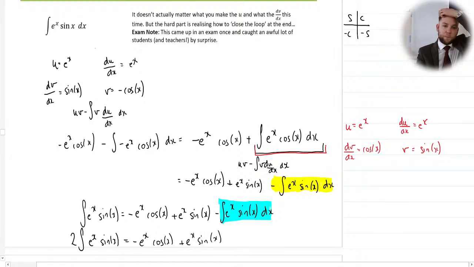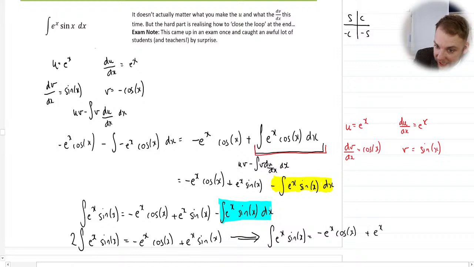And then the last little part is you divide by 2. If we've got two of them, we know that the integral of e to the x sine of x is equal to all of this divided by 2. So minus e to the x cos of x plus e to the x sine of x all over 2.